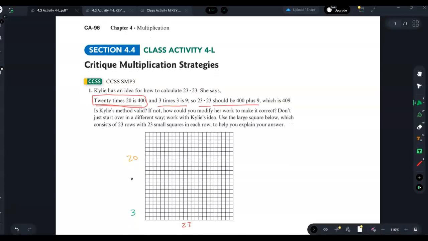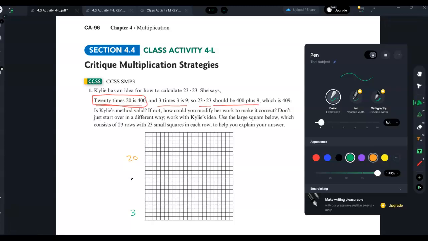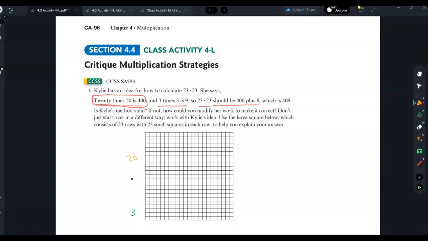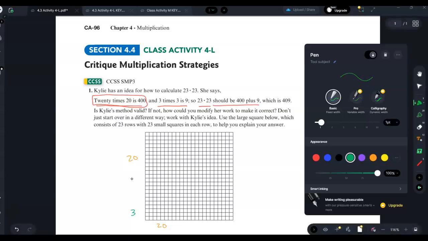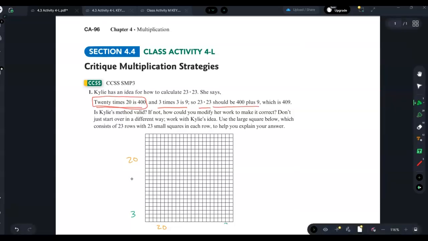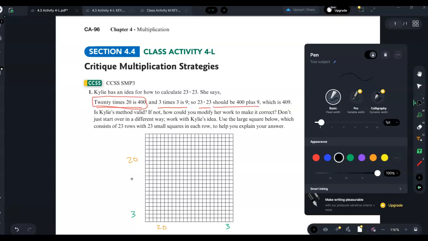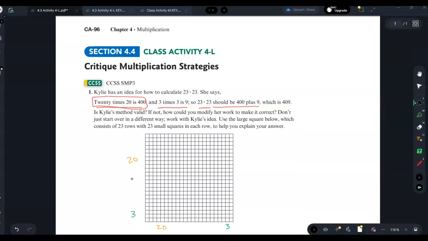And then the same thing along the bottom here. Do 20 here and 3 here. And I'm going to go ahead and subdivide my array as well. So I'm going to split up the 3 from the 20 going this way, and then also going this way.